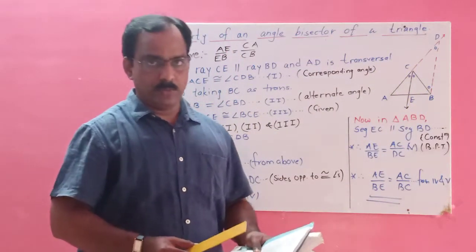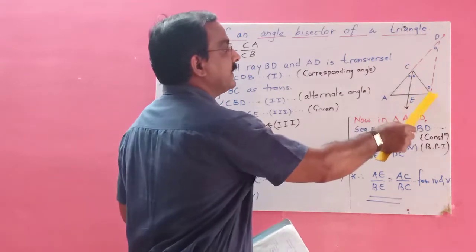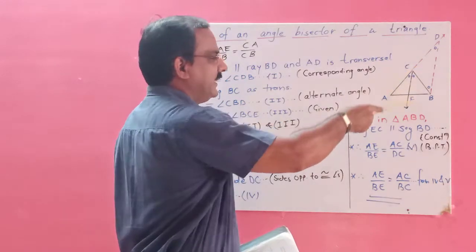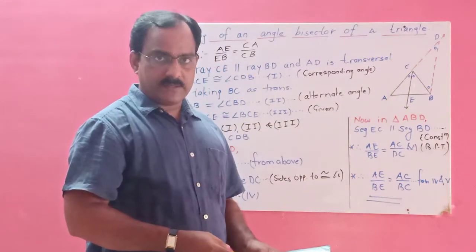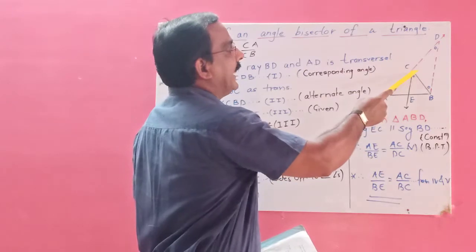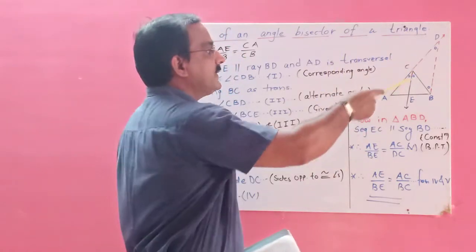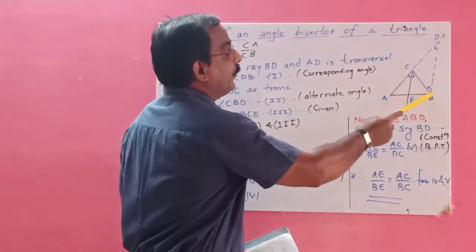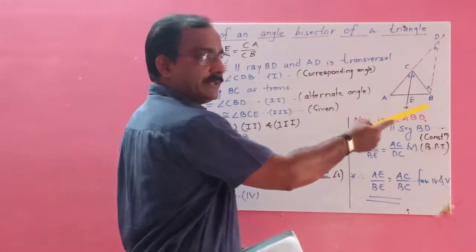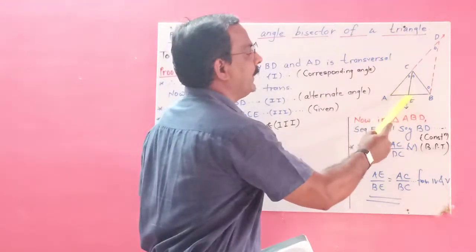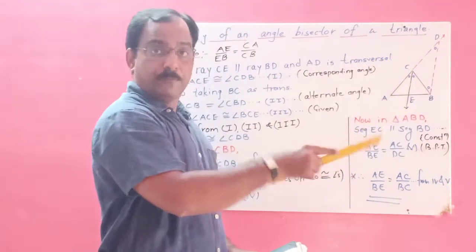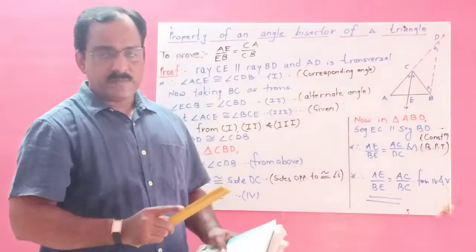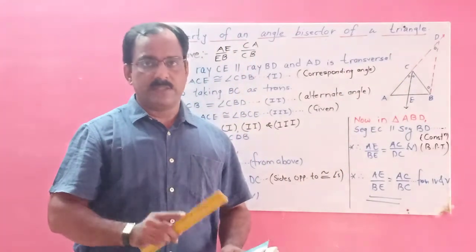Once again I am telling you, children, ABC is a triangle and ray CE is the angle bisector of angle C, and this ray CE divides the opposite side in the ratio AE upon EB, which is equal to AC upon BC. This is your angle bisector theorem.